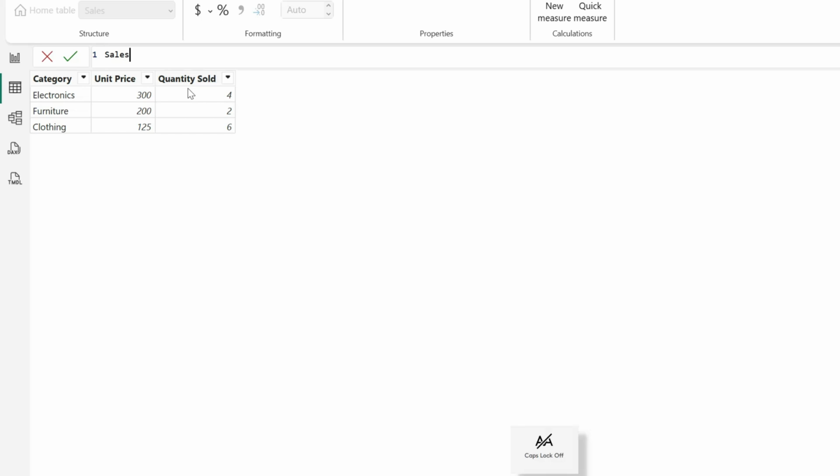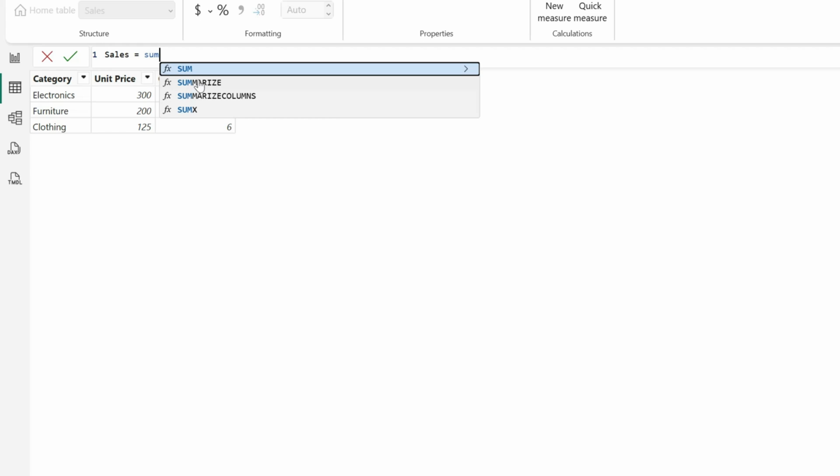First we try to write sum of unit price multiplied by sum of quantity sold.